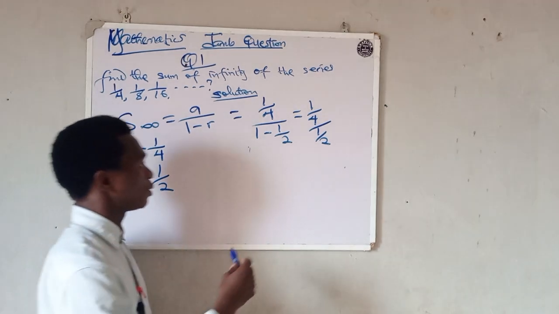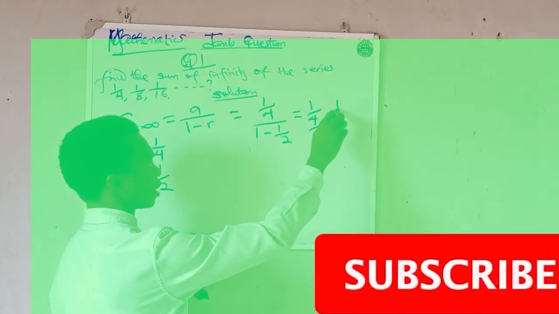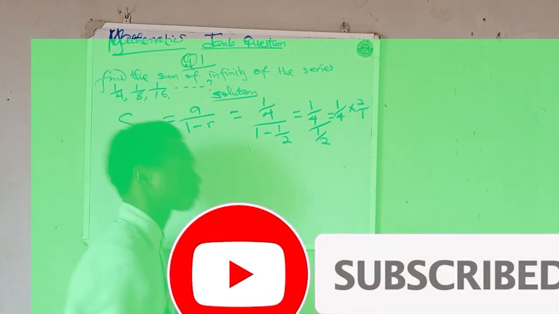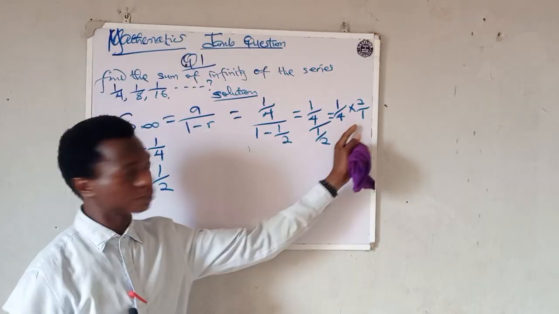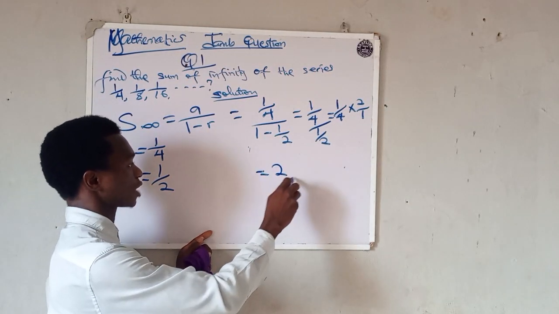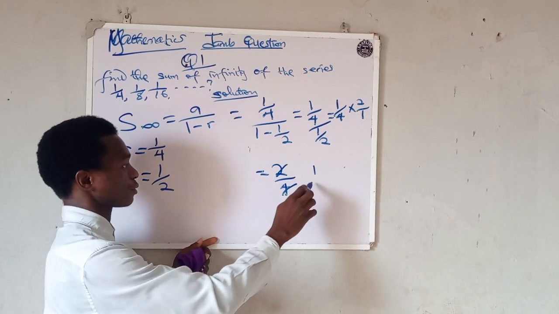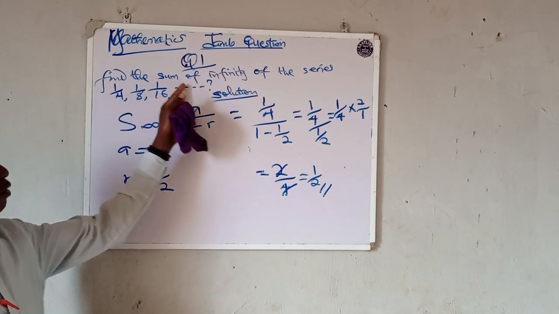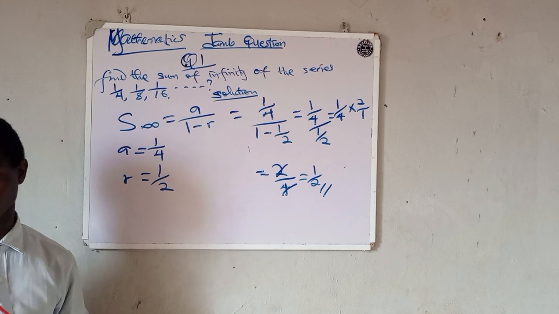Next, you inverse what you have here. This gives you 1/4 times 2/1. 1 times 2 gives you 2, 4 times 1 is 4, and 2 cancels itself. Therefore, the sum to infinity of the series is 1/2.